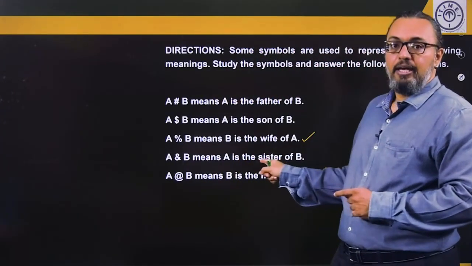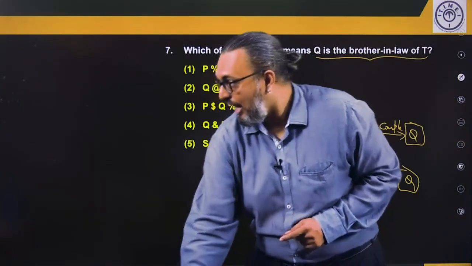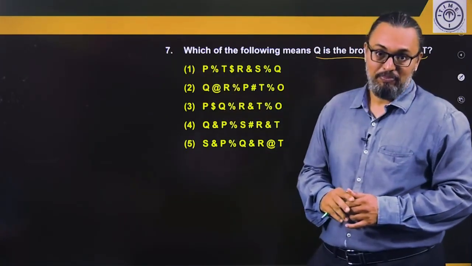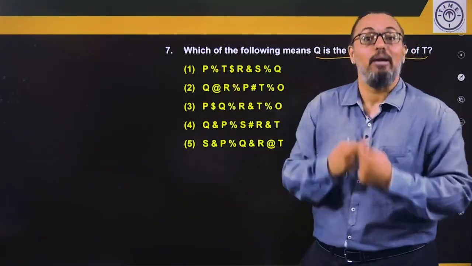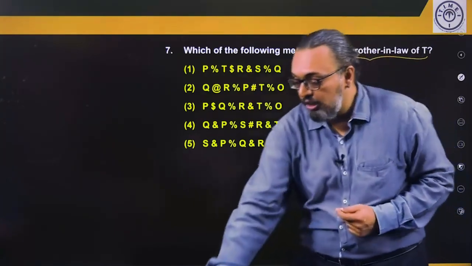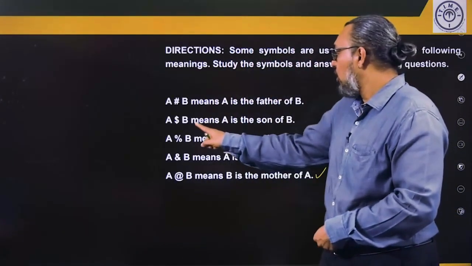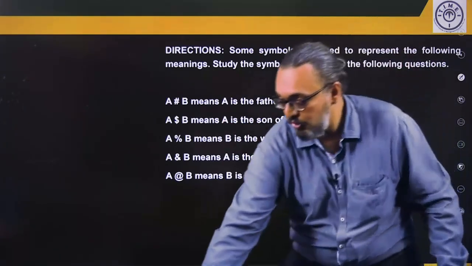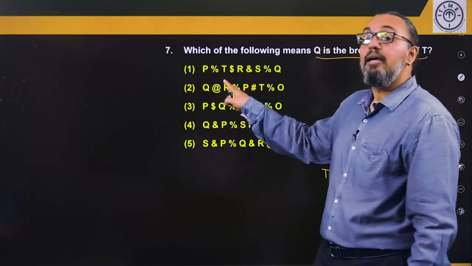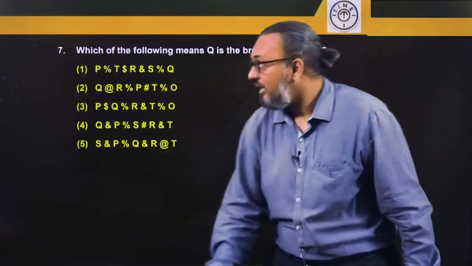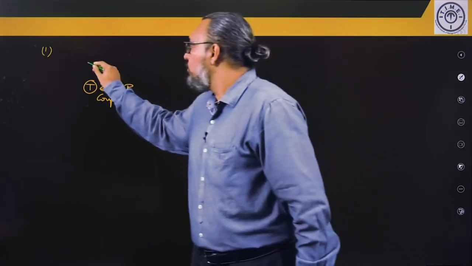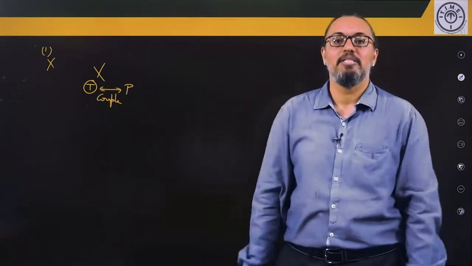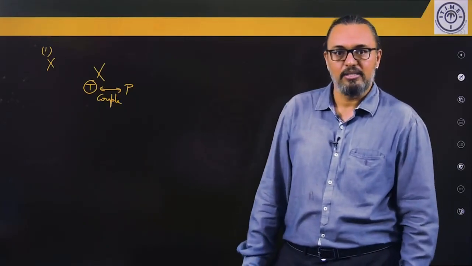B is the wife of A. That means here when you had P percentage T, T is the wife of P. So, the gender of T is a female. Now, when you have a dollar, what was the dollar we had? Dollar means A is the son of B. It is as it is. So, as it is, if I take T should be a son to R. Can T be a son to R here? No, you cannot have this. That means first option is not possible because the gender mismatch is happening. Are you understanding the point here?